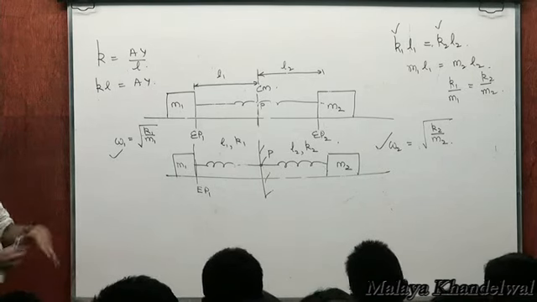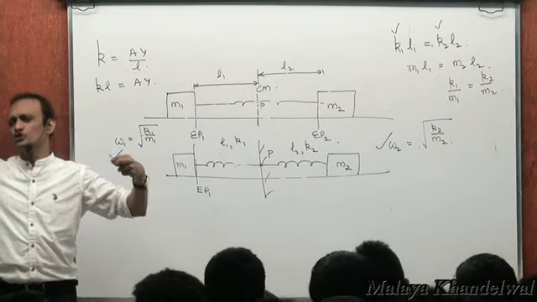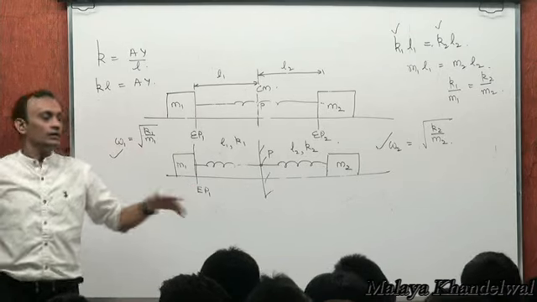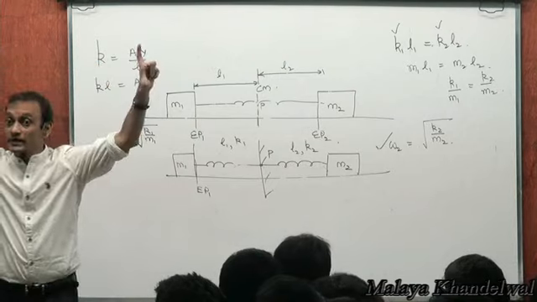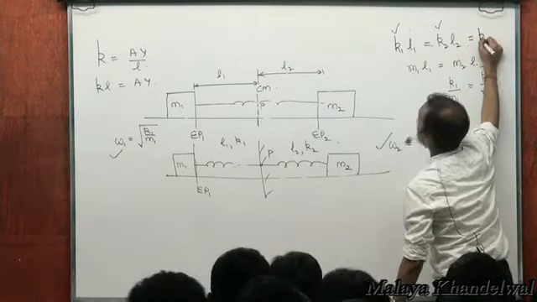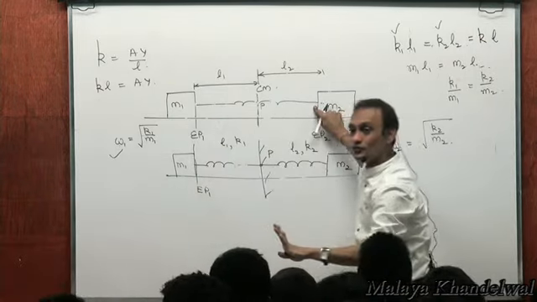Isn't it? And you can solve for k1 and k2, where L1 plus L2 is the total length of the spring, and you will be able to obtain that omega would be root k of the original spring, where all of this is also equal to k into L, where L is L1 plus L2. Do you realize that?